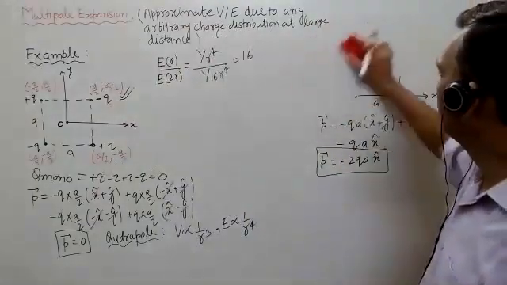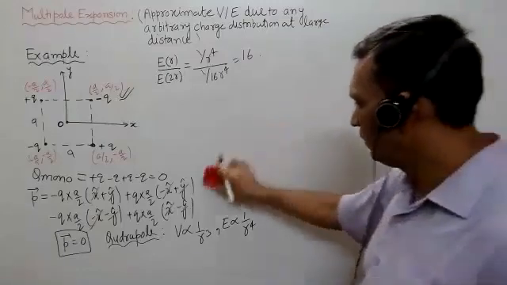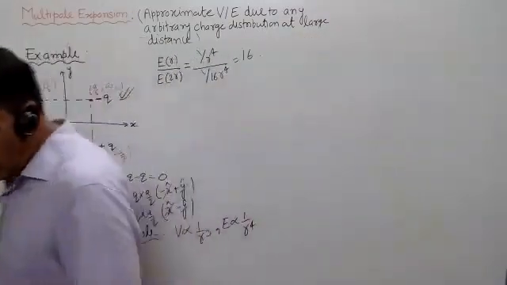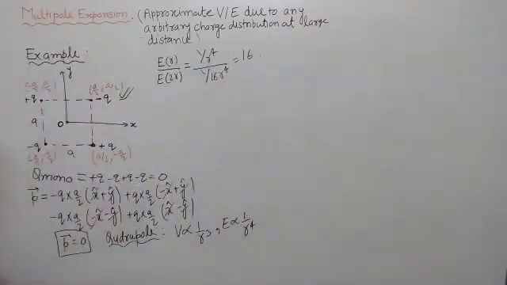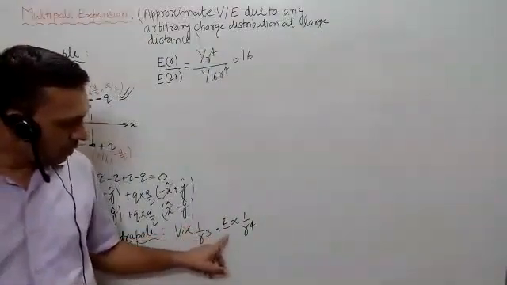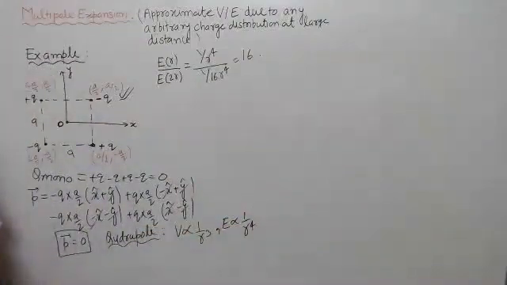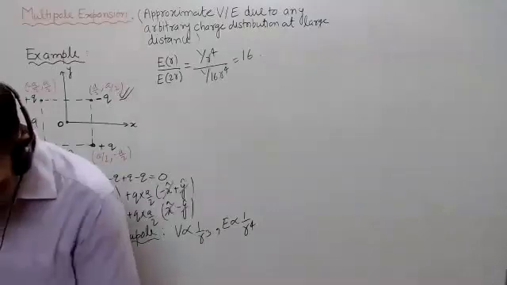Is it clear? It's a quadrupole, so potential is proportional to 1 by r cube and electric field is proportional to 1 by r power 4. Is it clear?